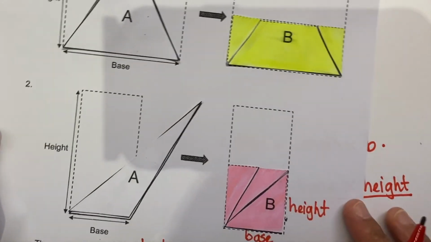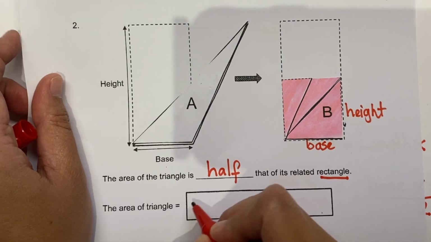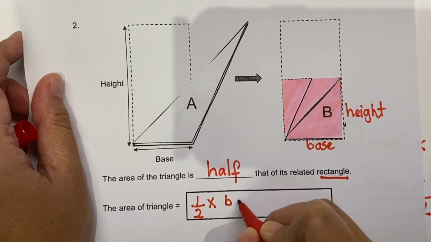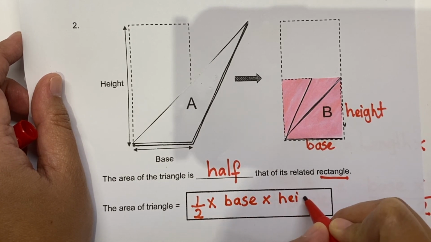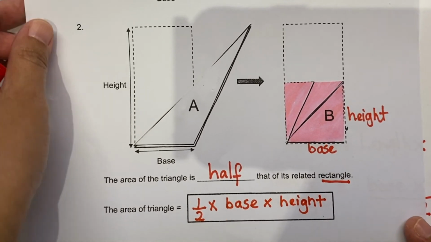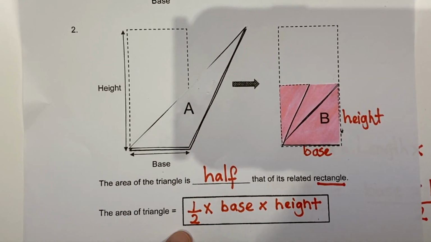So what we can say is the area of the triangle is equal to half times your base times your height. So that's how we conclude how you go about getting the formula for area of a triangle.